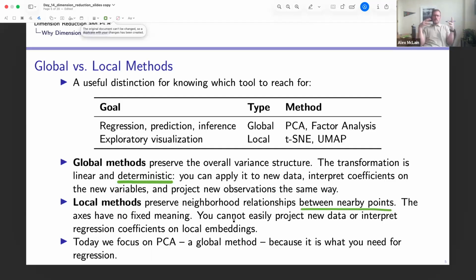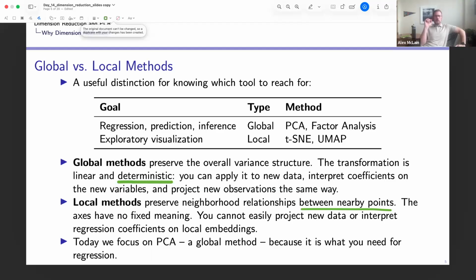The variables we end up with don't really have any meaning to them, and you can't easily project new data or interpret regression coefficients or any of these types of things. Local methods are really used for exploration and visualization. We can also do that with global methods, but in addition, we can do regression and prediction and inference with these.